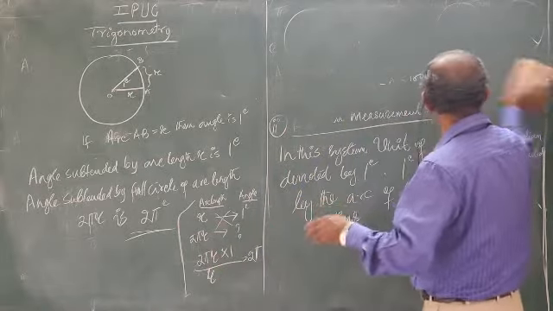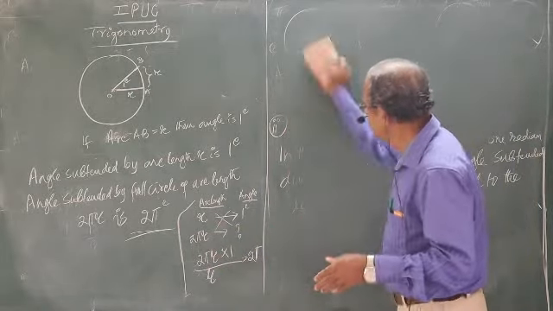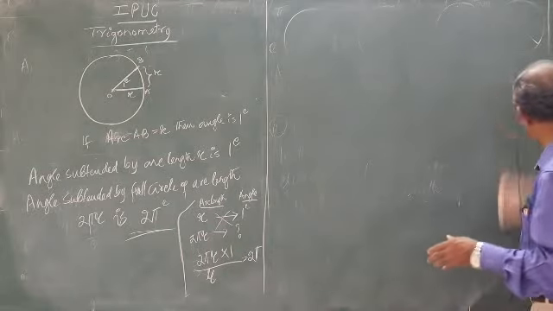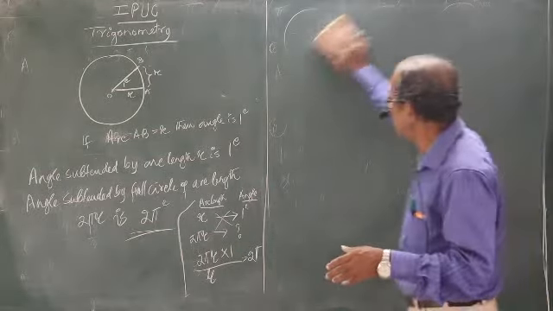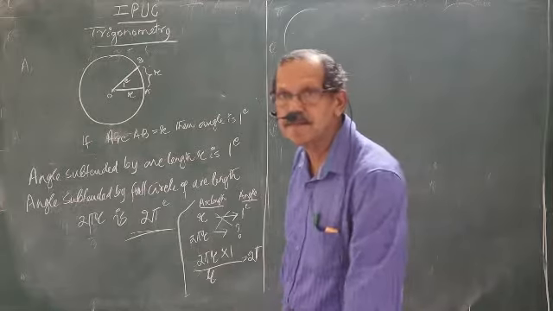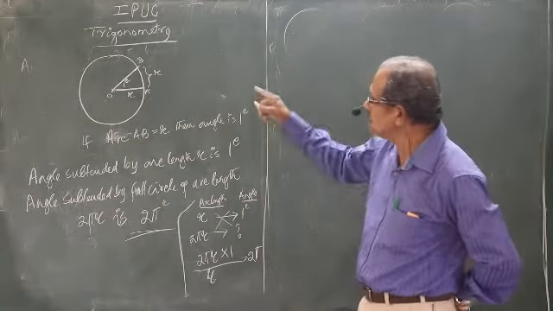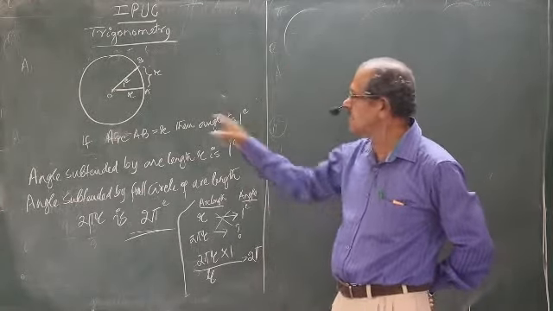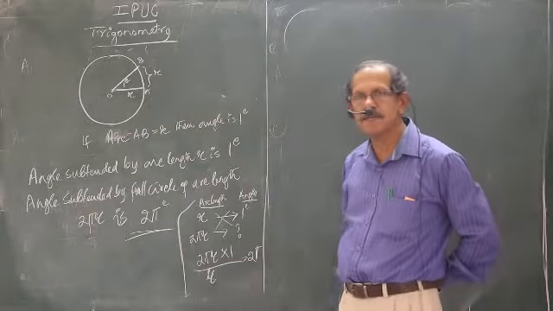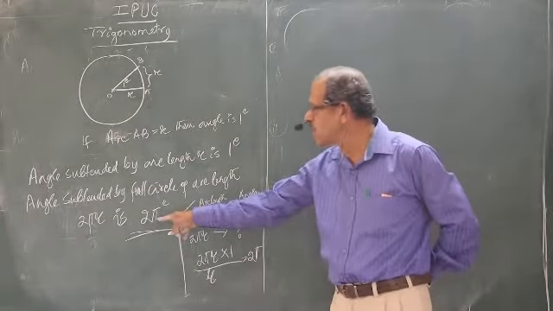Now, both the systems give you the measurement of the rotation angle. In one system, one rotation is 360 degree. In another system, one rotation is 2 pi radian.